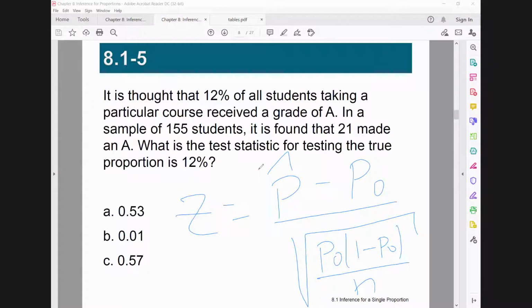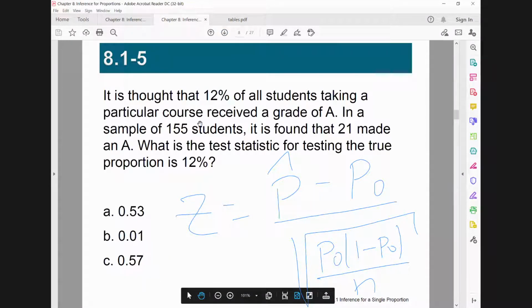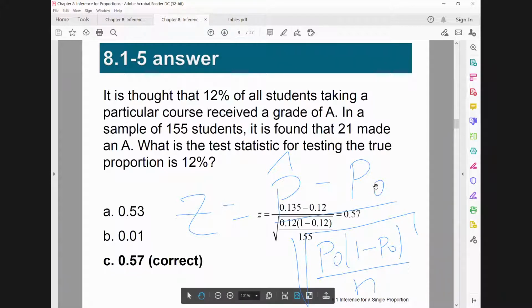As I said, P hat is equal 21 over 155, and P naught equal 0.12 because this is the predicted, and N equal 155. After computation, it becomes 0.57.